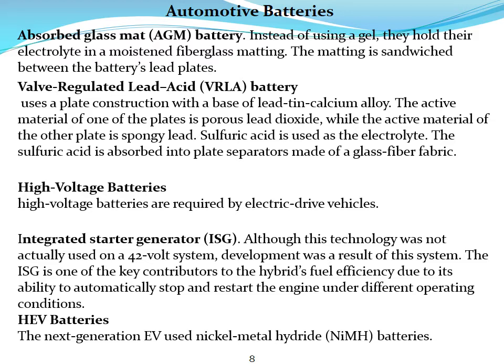The development was a result of this system. The ISG is one of the key contributors to the hybrid's fuel efficiency due to its ability to automatically stop and restart the engine under different operating conditions. HEV batteries, hybrid electric vehicles.